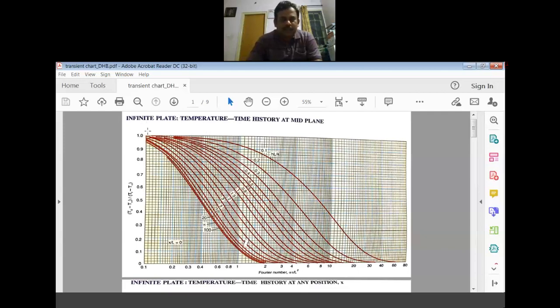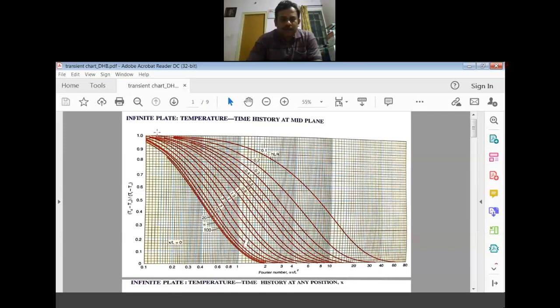See, the first chart is for temperature at the mid plane, that is at the axis of the plane. Here you can see T naught minus T infinity divided by Ti minus T infinity. I have taken these charts from the Heat and Mass Transfer Data Handbook by Kothandaraman, page number I think 66, just cross check.